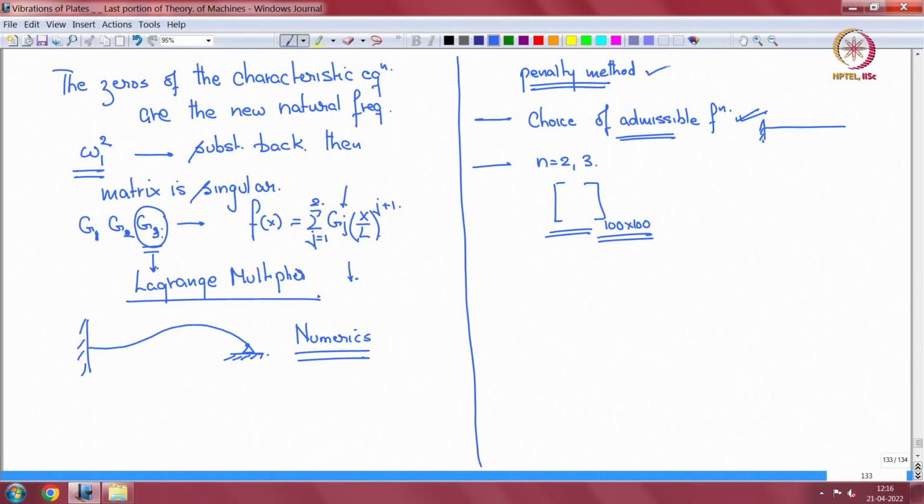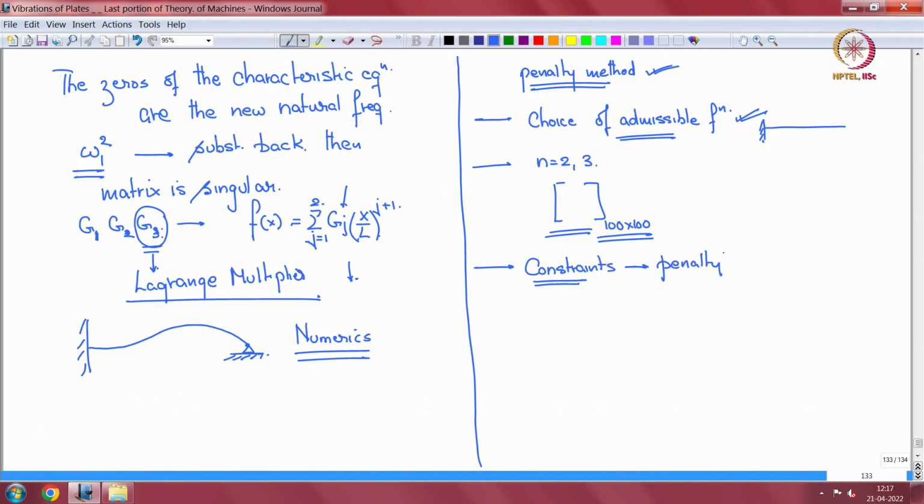Okay. So the penalty method is another method where you could again avail of some set of functions, not totally admissible, but on them you apply constraints, and these constraints will put a penalty if they are violated.